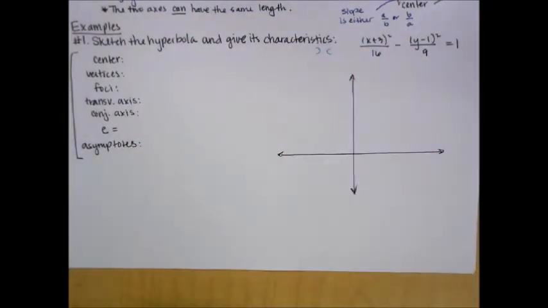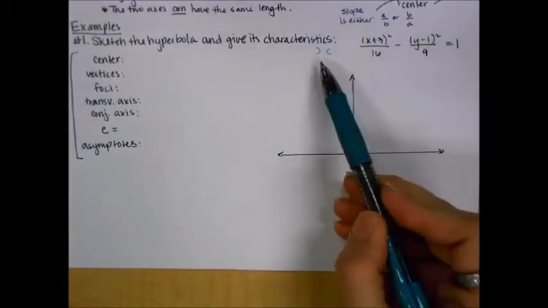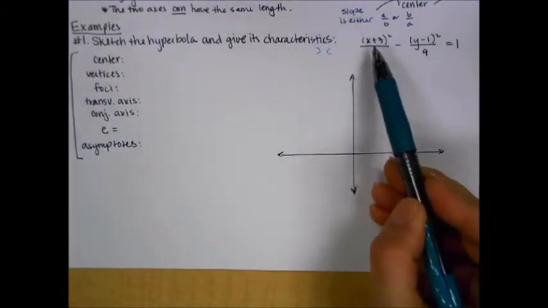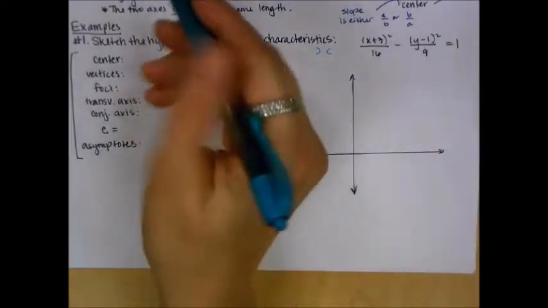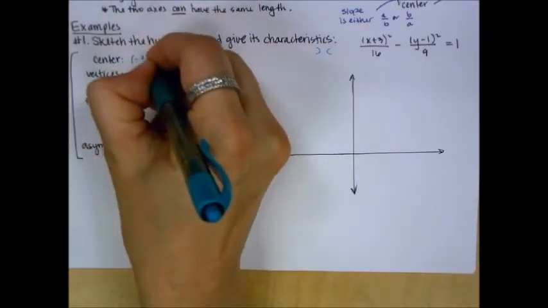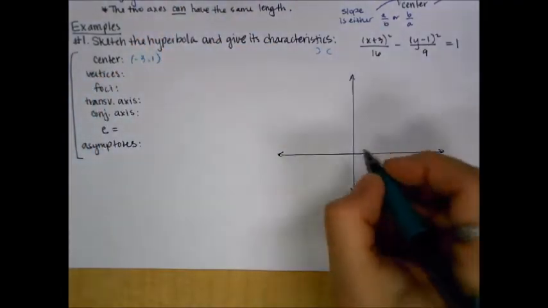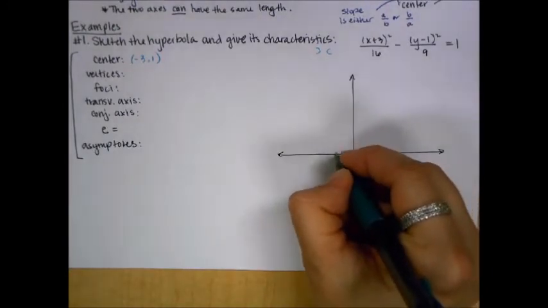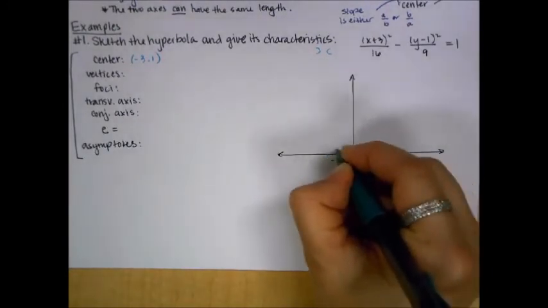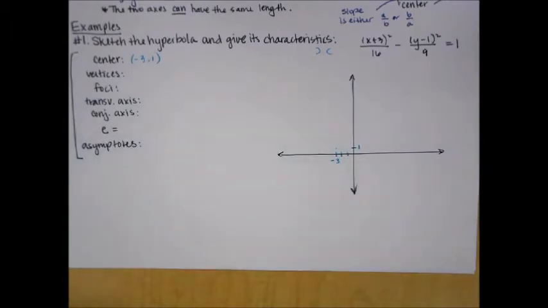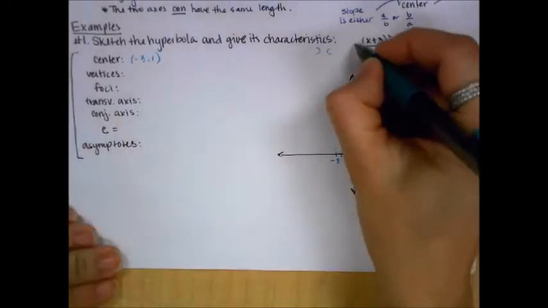We'll start with identifying the center as (-3, 1). And I'm going to graph as I go. Mark the center here. All right, to construct our endpoints, we would do the same thing we do with the ellipses. We look underneath x squared for the value here.